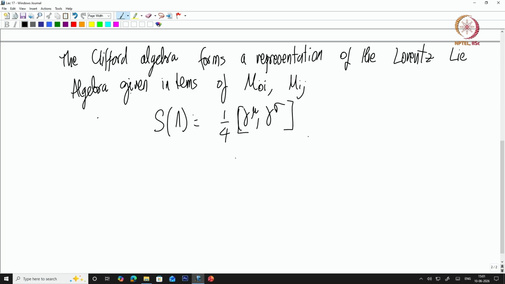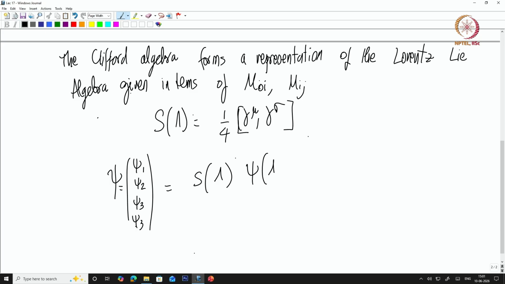That means that if we have a Dirac spinor, which is made up of psi 1, psi 2, psi 3 complex numbers, it transforms as S of lambda times psi of lambda inverse of x.